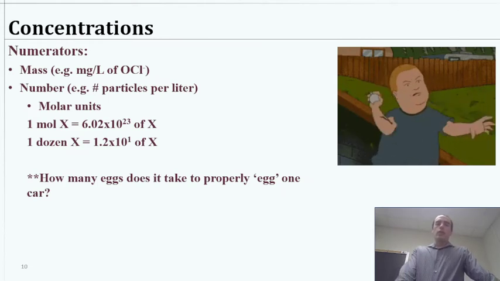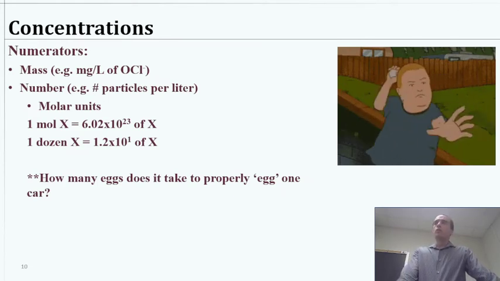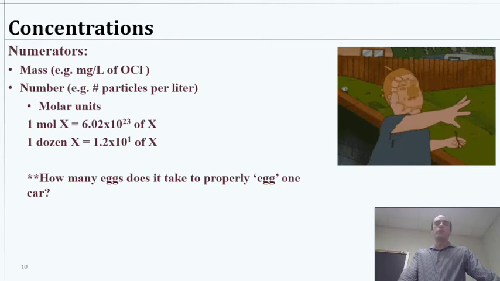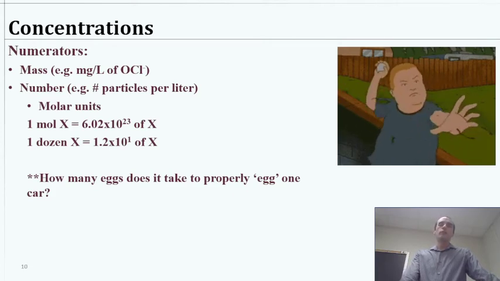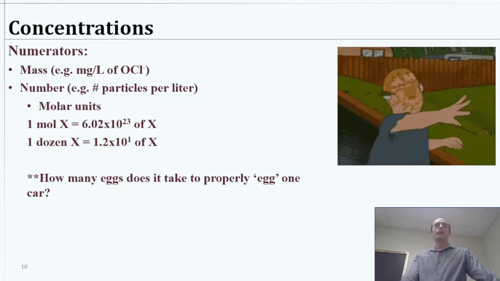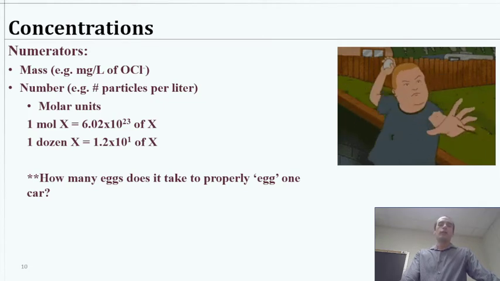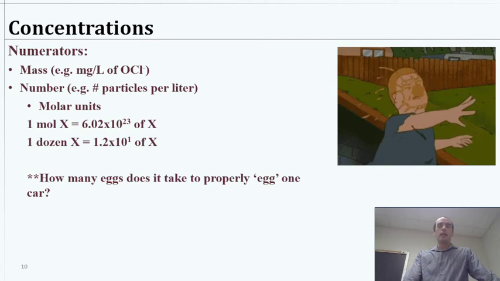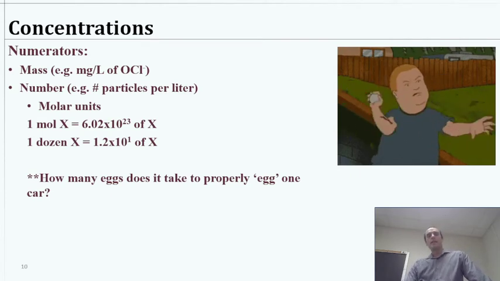Okay, so then more concentrations. If we go to chemical formula, we mentioned this last time, we want to make sure that we are getting the number to the mass correct, right? The silly analogy of being naughty and egging somebody's car, or maybe your face instead.